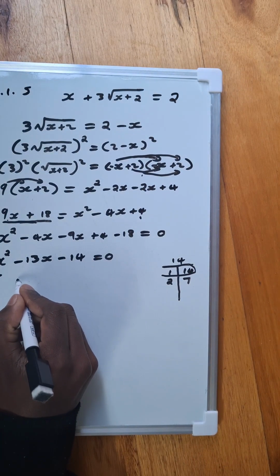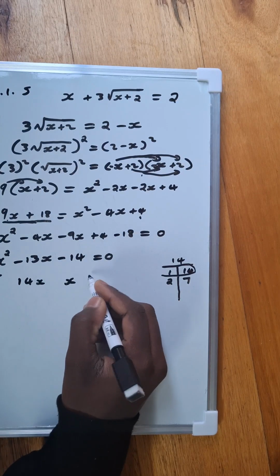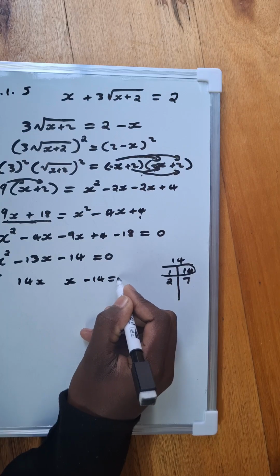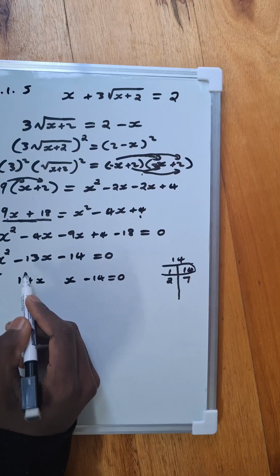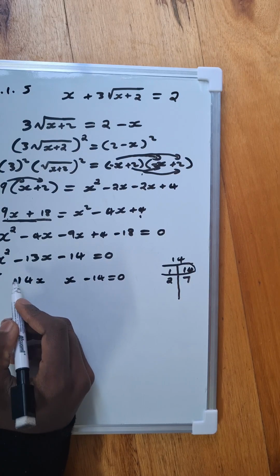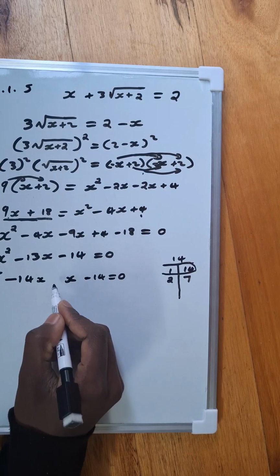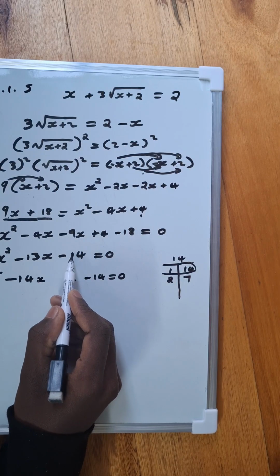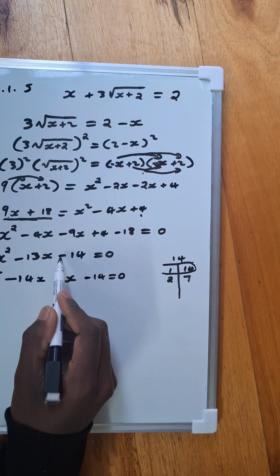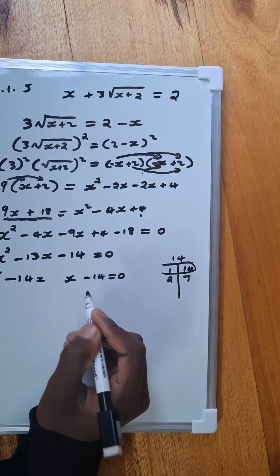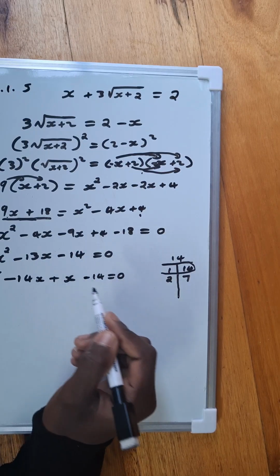So x squared, then 14x, then x minus 14 equals 0. The middle sign here will go with the biggest number. So the biggest number is 14, it takes negative. This sign here is determined by the last sign. Since here is negative, what sign can I multiply with it to get negative? So for it to be 13, I will have to just add it.